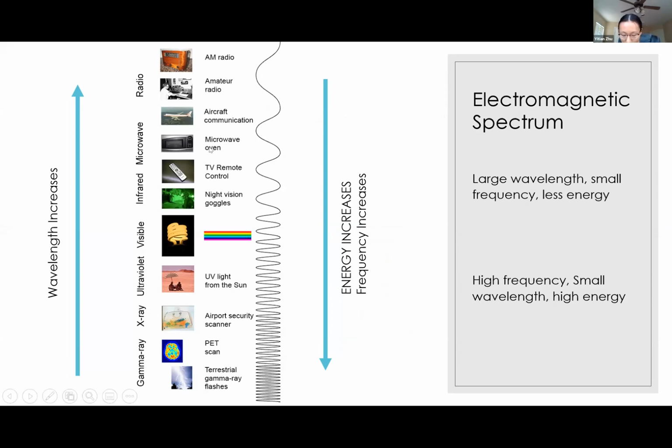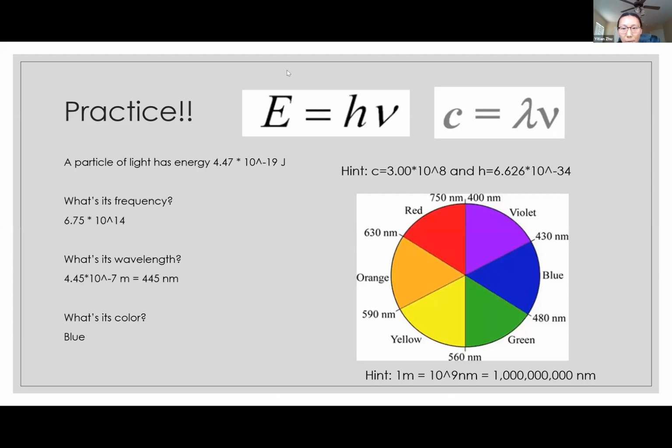As you can see, you have radio waves, which are the largest wavelengths. Remember back in our equation how large wavelengths have small frequency because they're inversely related. Inversely related means one increases and the other decreases. If you look back at the equation, the speed of light equals the wavelength times the frequency. If the wavelength gets bigger, then the frequency has to be smaller.